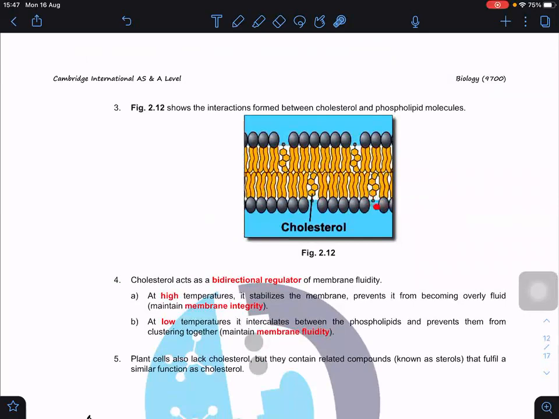This OH group can interact with the water molecule or with the head of the phospholipids because they are hydrophilic. But the ring structure of cholesterol, the remaining structure, is hydrophobic. It doesn't like water, but it likes lipids. So it can interact with the fatty acid tail by hydrophobic interactions again.